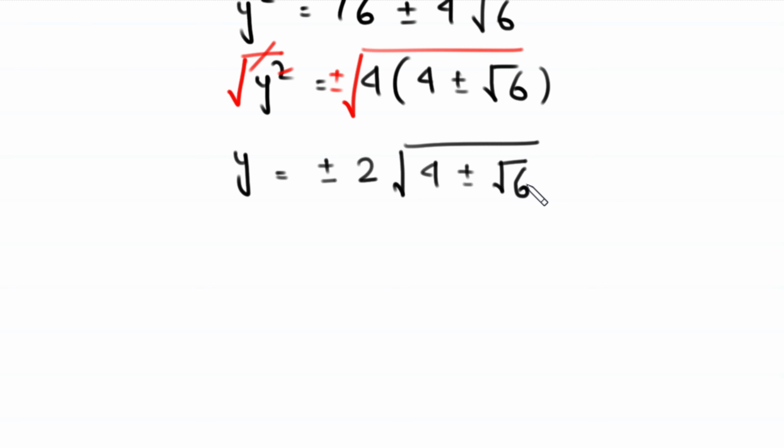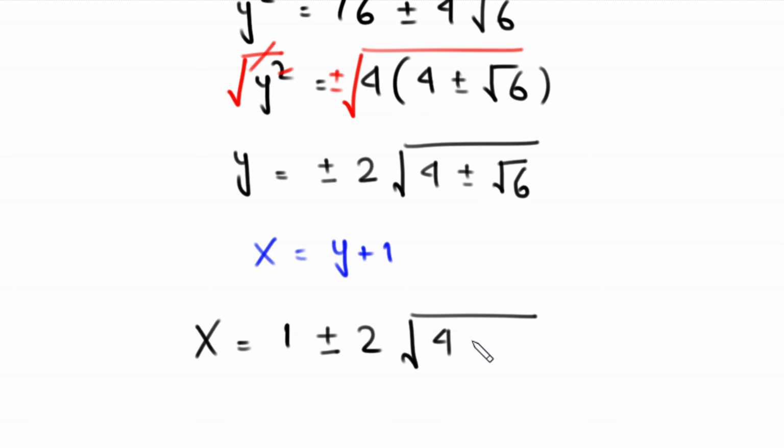And because x is equal to y plus 1, x will be equal to 1 plus minus 2 times the square root of (4 plus minus root 6).